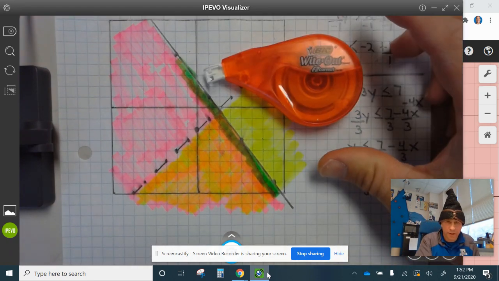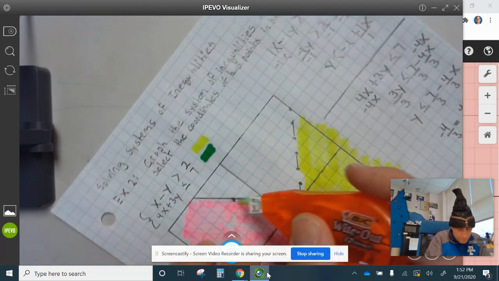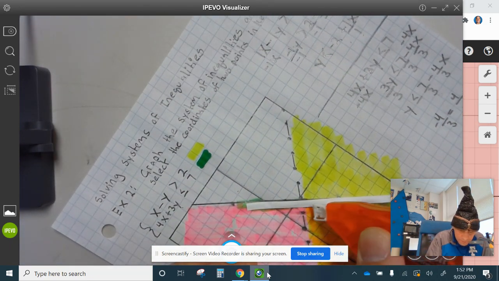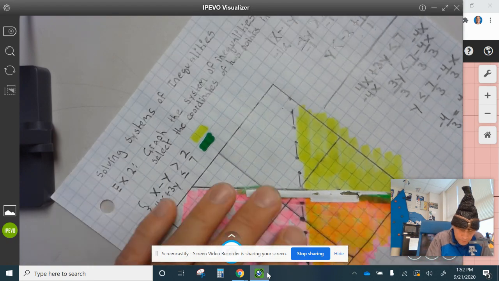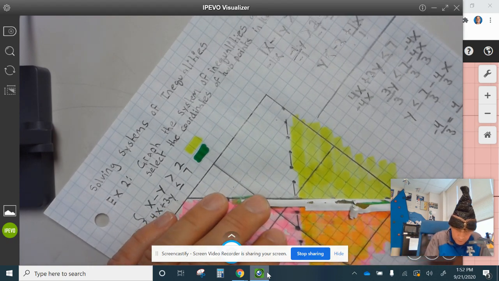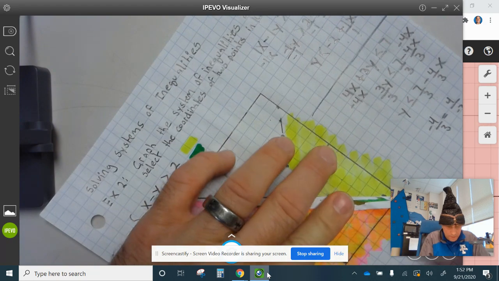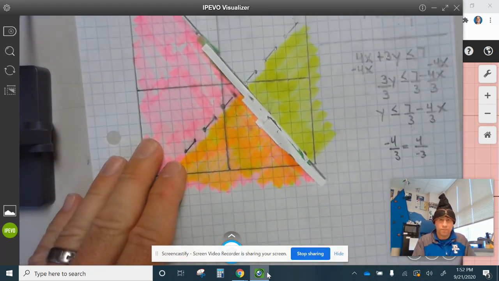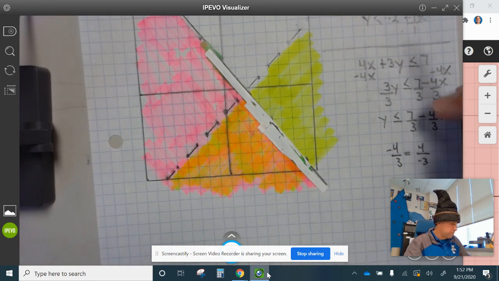I recommend the Bic whiteout because you can go like this. Ooh, maybe I shouldn't recommend Bic whiteout. It usually corrects mistakes.